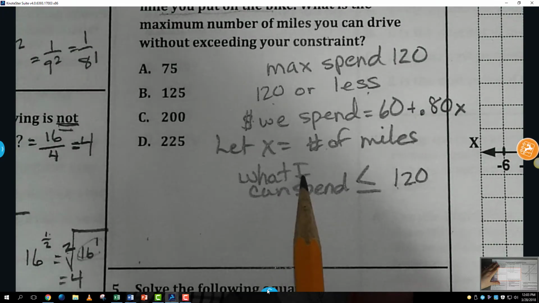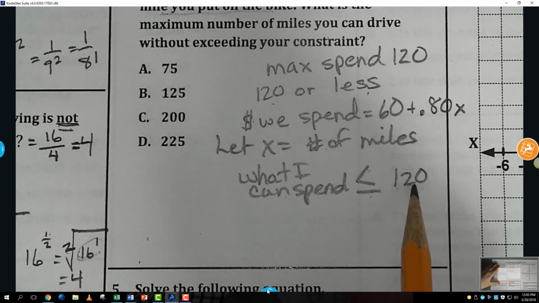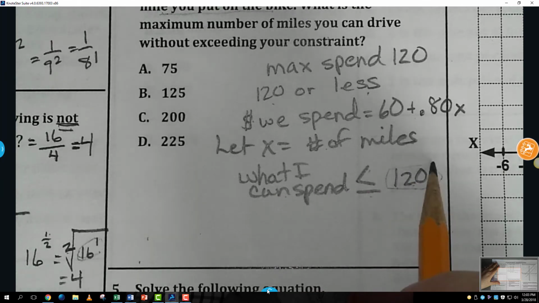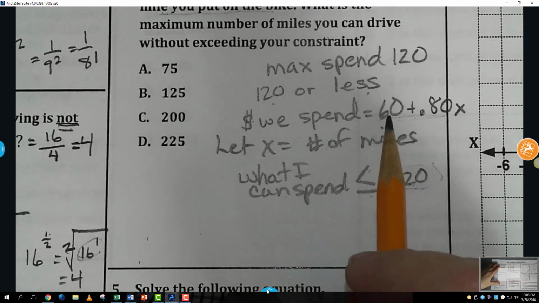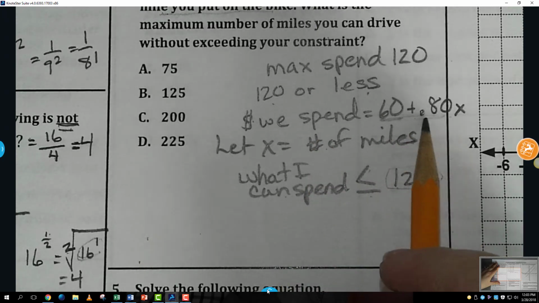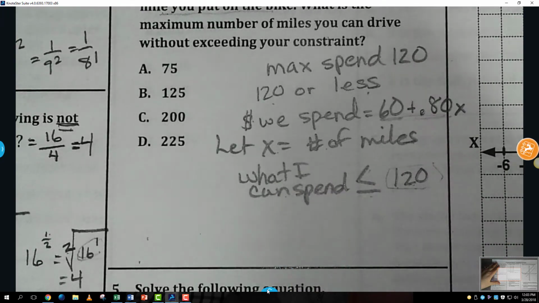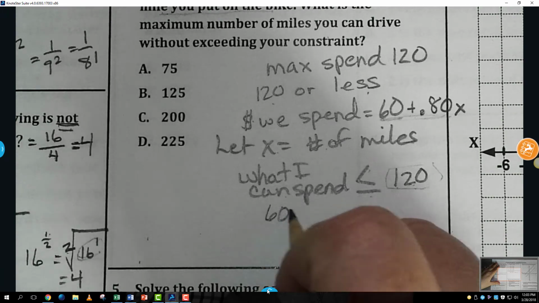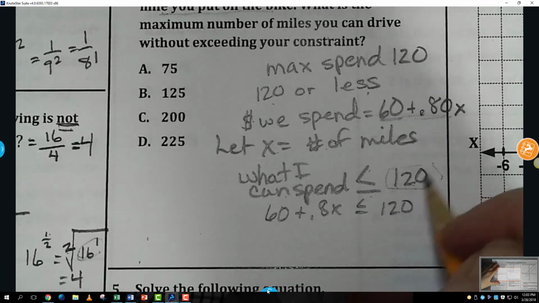What I can spend has to be less than or equal to how much I can spend total, 120. And what we can spend is represented by the expression, the flat rate of 60 plus another 80 cents per mile, where I'm saying X is the number of miles. So I'm going to have 60 plus 0.8X is less than or equal to 120.